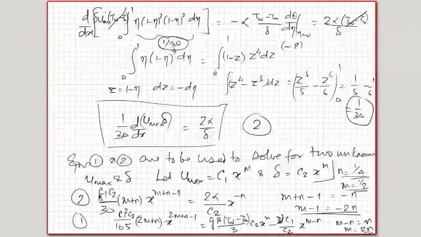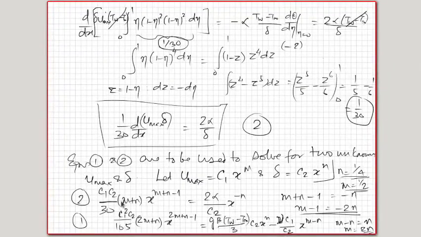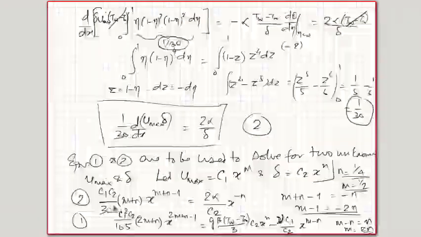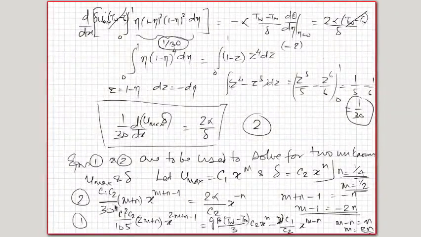So let's write them down. It is c1 c2 by 30 into this is 3 by 4, right? So 3 would get cancelled, it will become 40 here, and this 2 can be brought down here, so it will become 80.